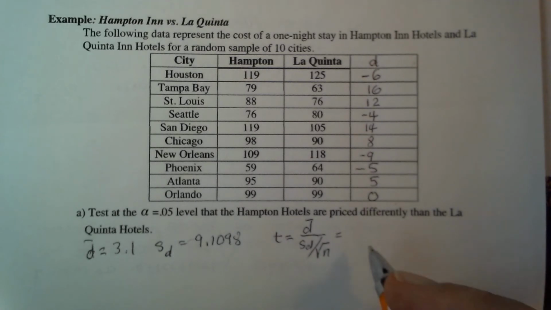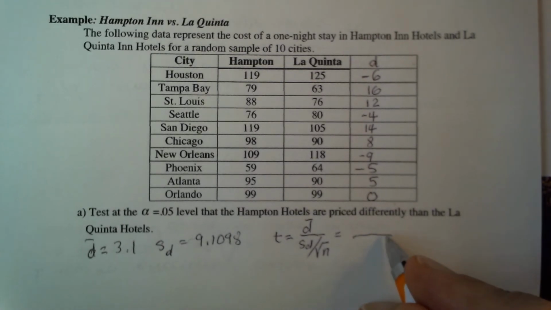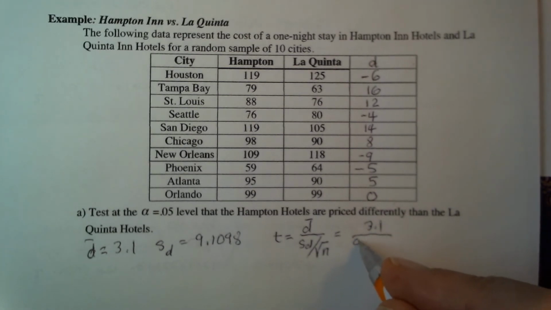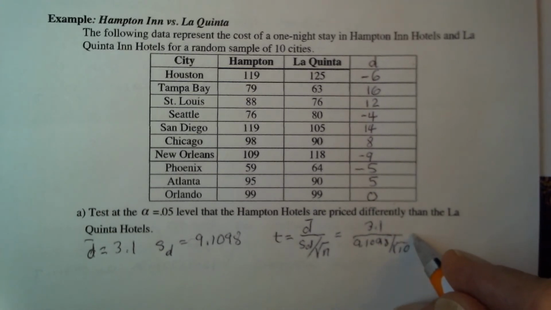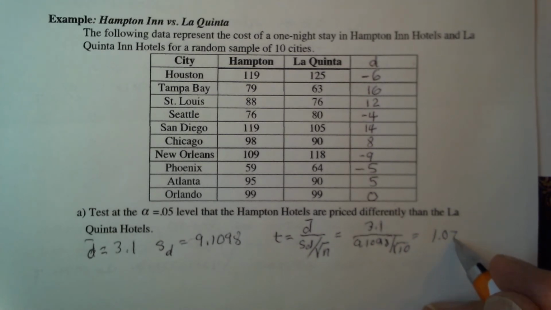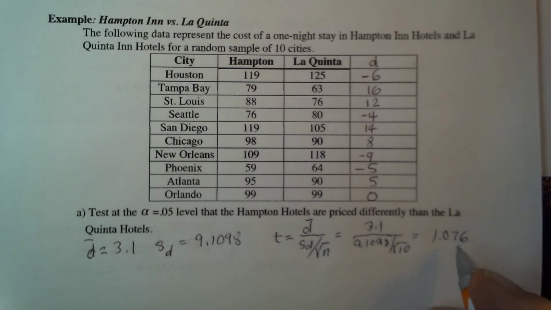So then our test statistic is equal to 3.1 divided by 9.1098 divided by the square root of 10, and that is equal to 1.076. That is our test statistic.